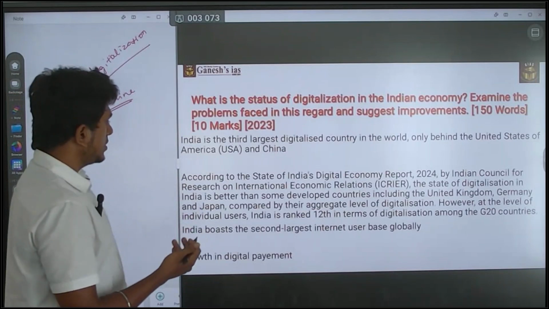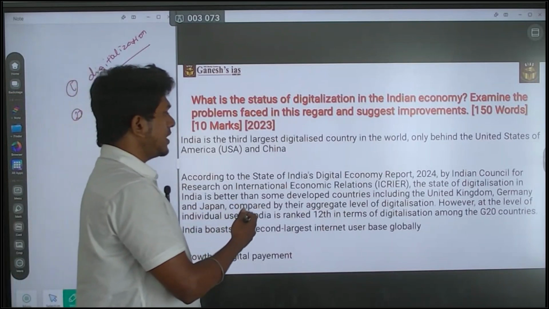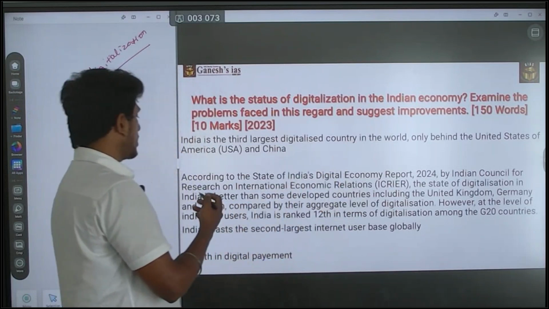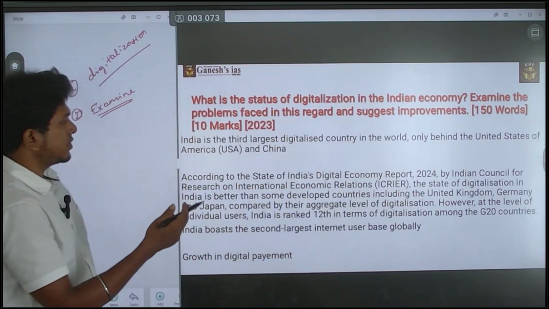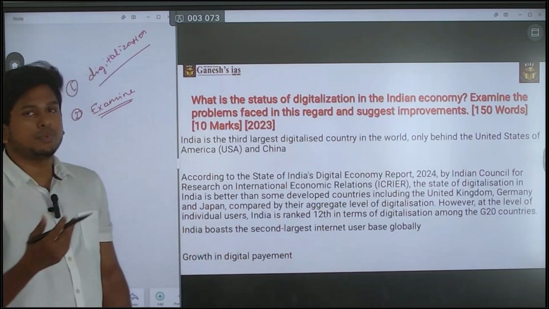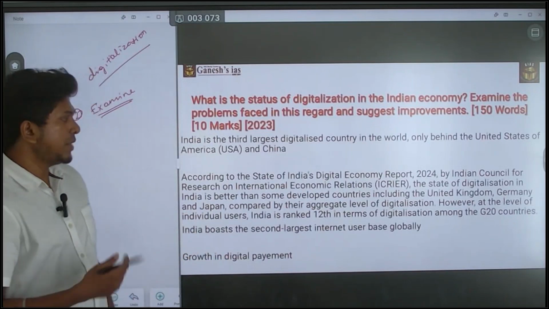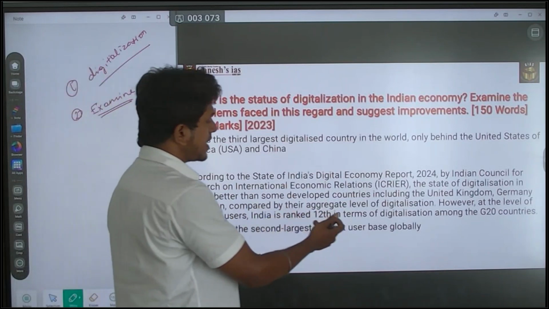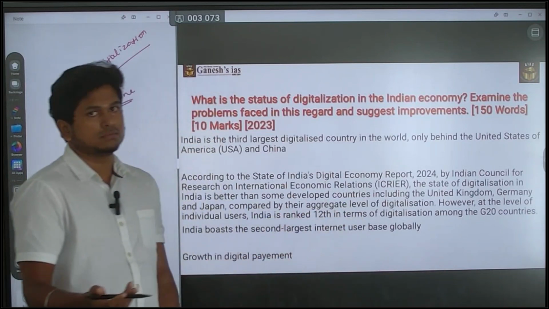The next data is from the State of India's Digital Economy report by the Indian Council for Research on International Economic Relations, which says that India is better than some developed countries in digitalization. But the issue is, when it comes to individual users, India is ranked 12th in terms of digitalization.